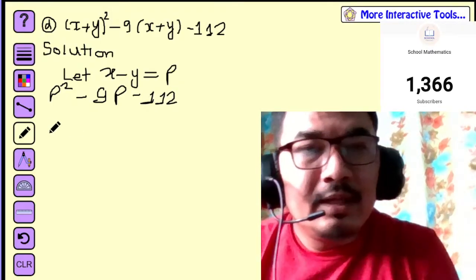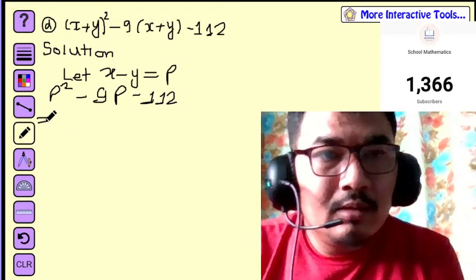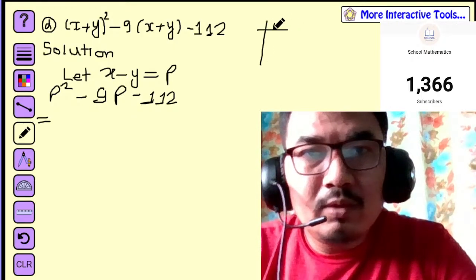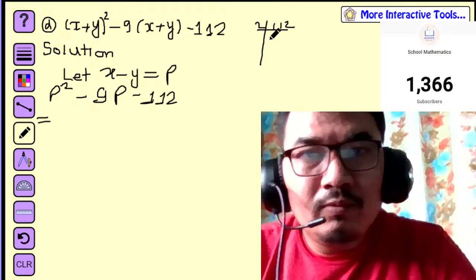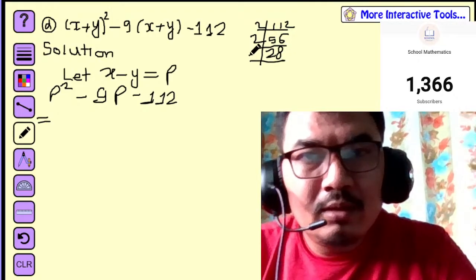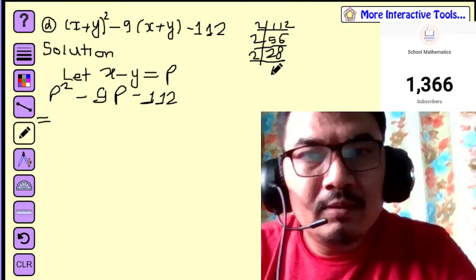Okay, and then let's factorize 112. We had factorized just now: 2 5s are 10, 2 6s are 12, 2 2s are 4, 2 8s are 16.